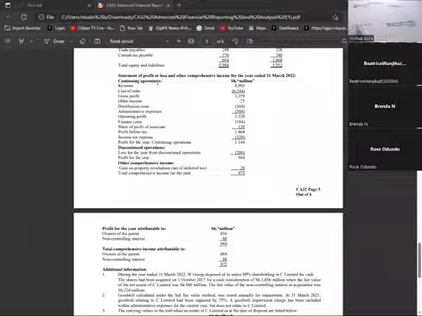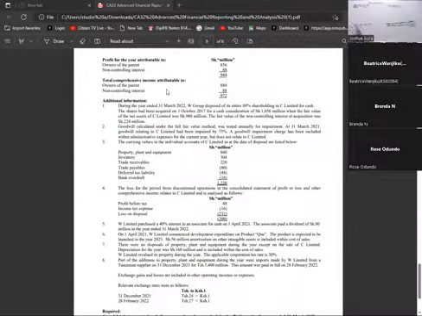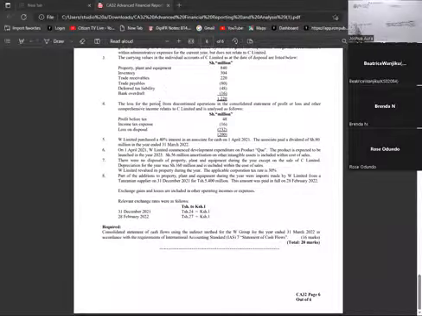And if you look at the discontinued operation down here, you'll see the loss for the period from the discontinued operations in the consolidated statement of P&L and other comprehensive income related to C Limited, which was disposed, and is analyzed as follows.